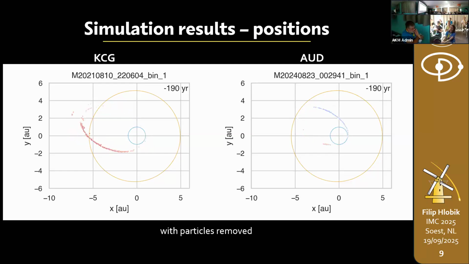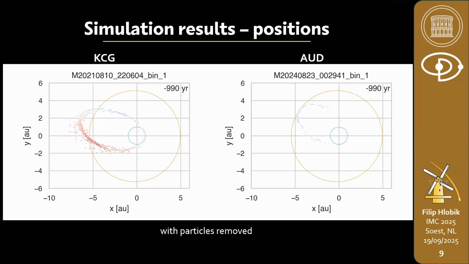But another thing we can see is that the orbits of the particles are still not getting closer together. So that's one of the first clues that there is not a real dynamical connection between them. Certainly not on this time frame of 1,000 years.